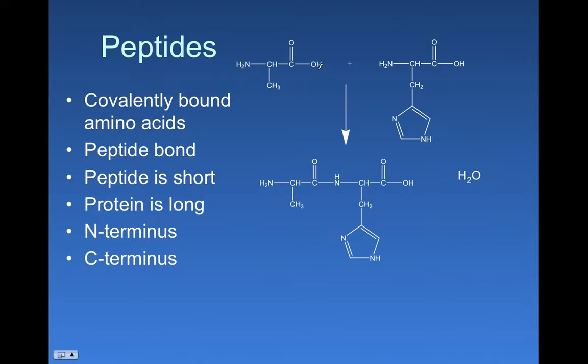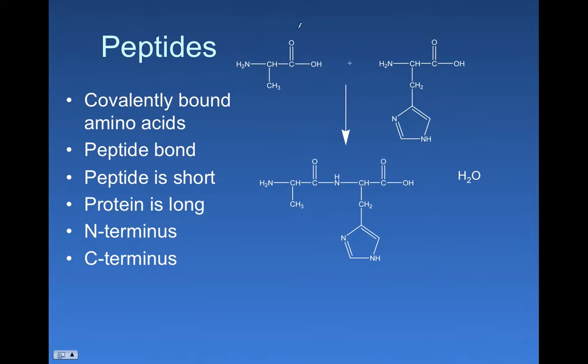Now, for any polypeptide, the peptide bonds are going to use up these functional groups, so the start of the peptide and the end of the peptide are going to be the only places where we have any non-reacted carboxylic acids or amine groups.